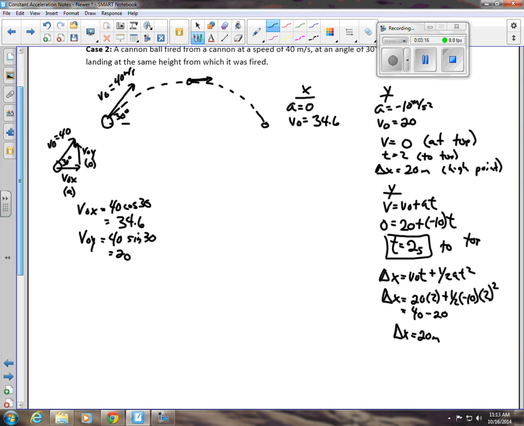Okay, now I also want to find out how far it went horizontally. Now, the time is the same for x and y, but if it's 2 seconds to the top, it's going to be double that for the whole trip. So the time over here, we're going to make 4 seconds, and then use that to find delta x.